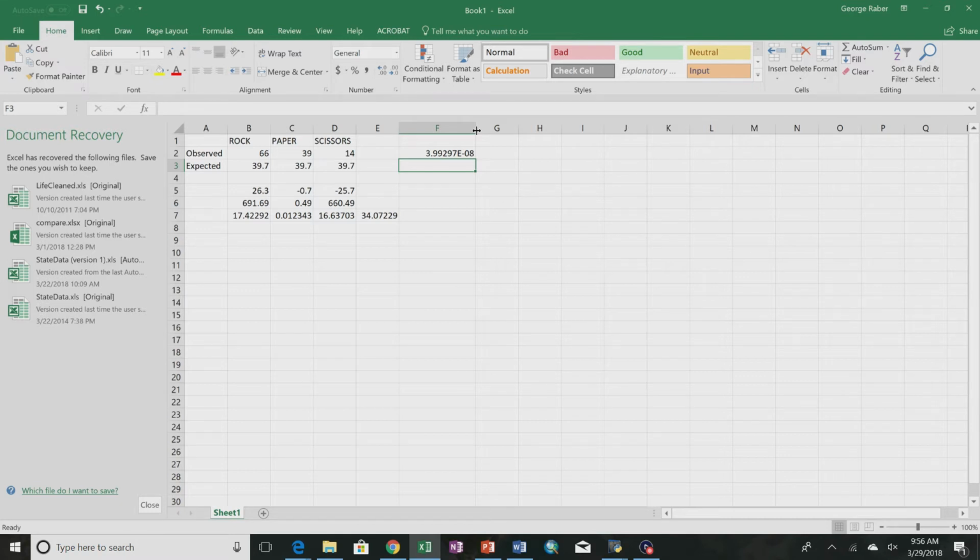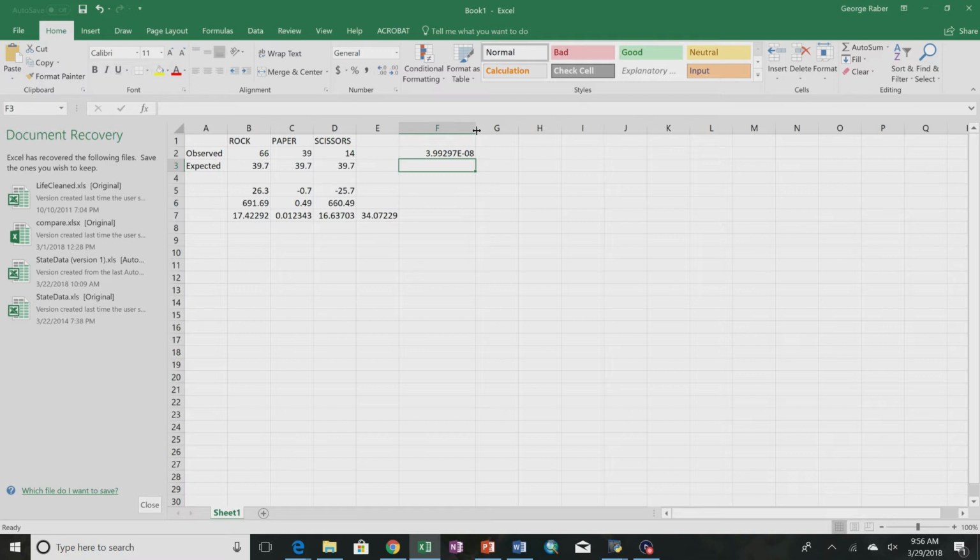If it's a very tiny p-value, do we accept or reject the null hypothesis? In all the tests, it's always the same. Reject. Good job. Because it's under 0.05.